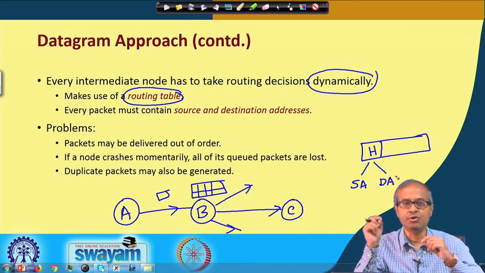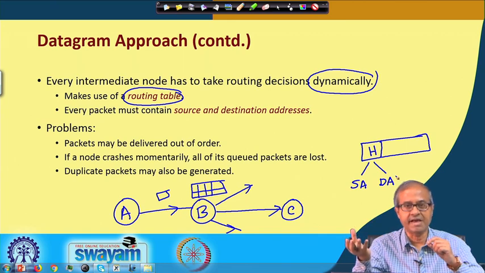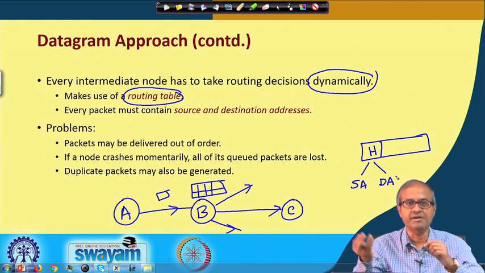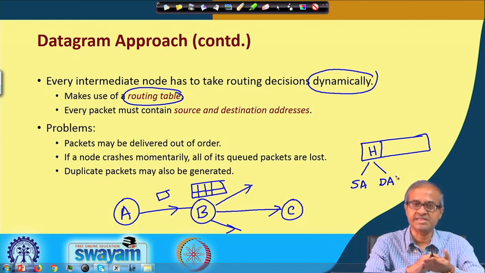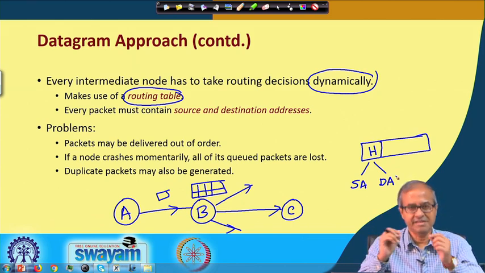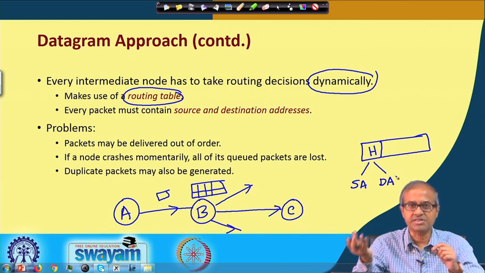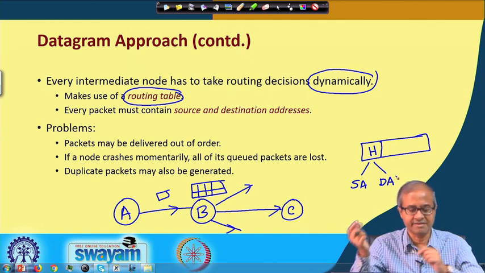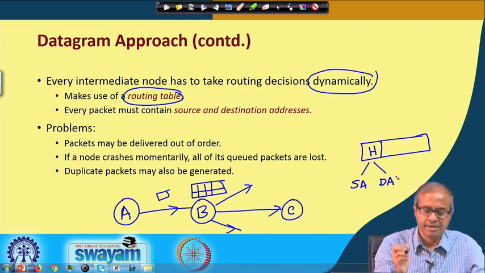Just like when you post a letter, you give the address where you want to send the letter to, and in case the letter cannot be delivered, you also give your own address so that the letter can come back to you. In the same way, in the header there is other information also, but the most important ones are the source address, the person who is sending, and the destination address where you are sending.